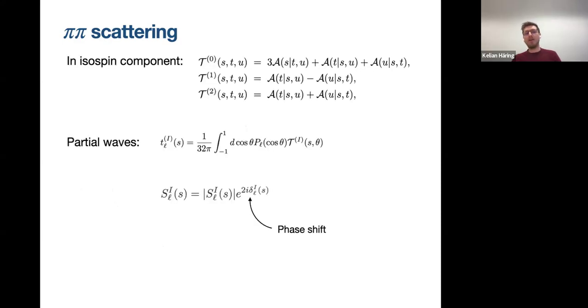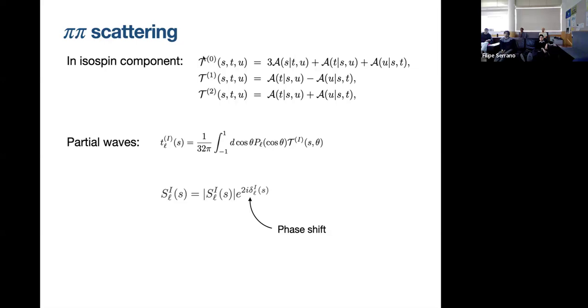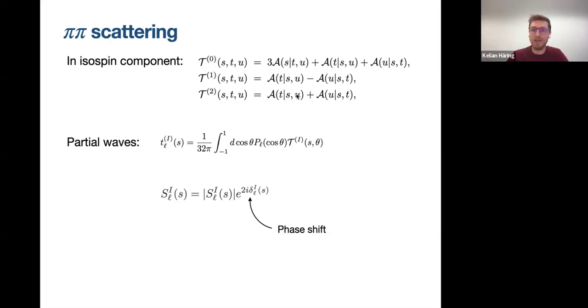Because we consider that isospin is conserved in the scattering process, it's convenient to go into the isospin components. So here it's simply what the isospin amplitudes are in terms of this A amplitude. So we have the isospin 0 channel, the antisymmetric channel, and the symmetric channel.